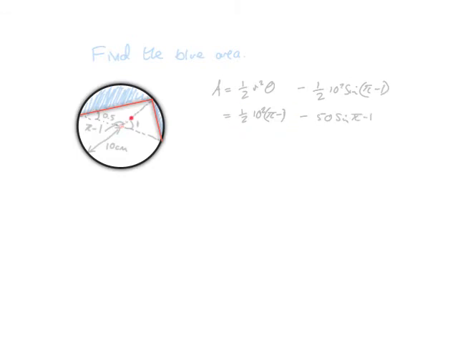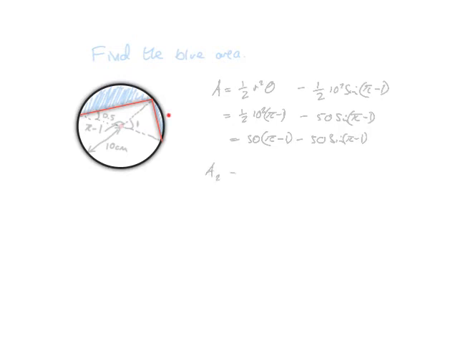And I'm taking away the area of the triangle that we don't want as part of the area, and that's what this is. We're using half ab sine C. Now, that's going to be effectively my final answer for now, before I reach for the calculator.